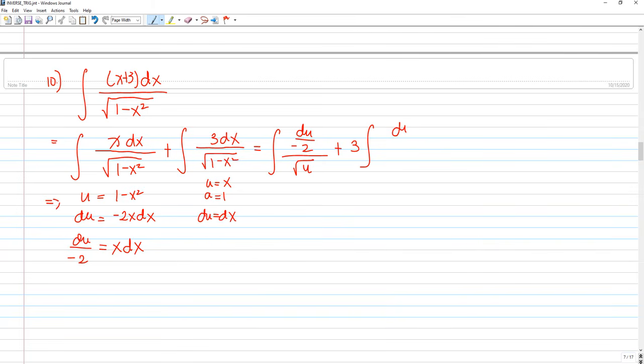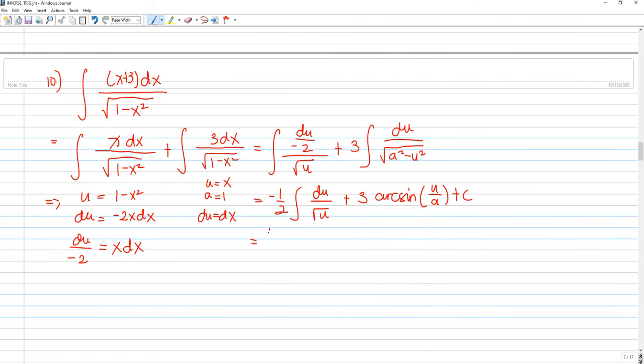So we can simplify du all over square root of a squared minus u squared. So this resembles arc sine. So we have negative 1 half integral of du all over the square root of u plus 3 arc sine of u all over a plus c.